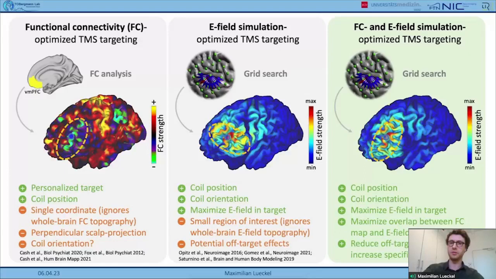So within this approach, we not only maximize the E-field within the target cluster, but, and that's a crucial point, we also maximize the overlap, the whole brain overlap between functional connectivity map and induced E-field, thereby minimizing off-target effects and hopefully increasing the specificity of TMS. And the resulting E-field, as you can see, now much better aligns with or follows the orientation of this negative functional connectivity cluster on the left that we would like to target.